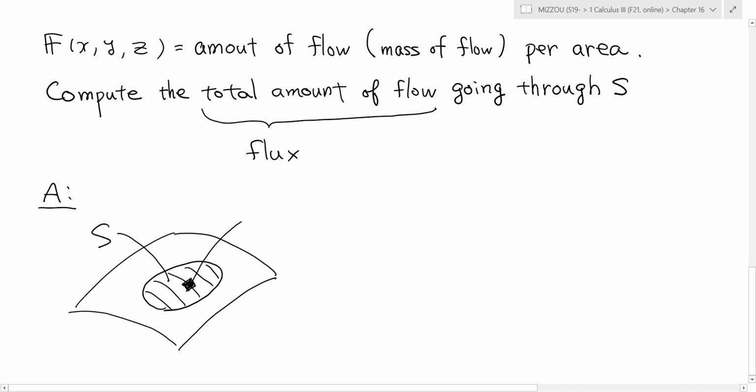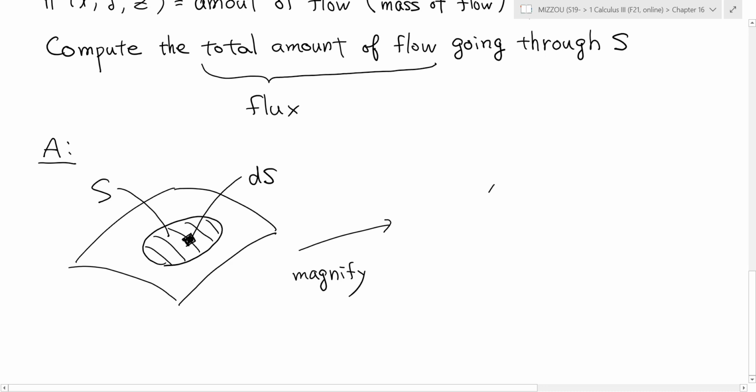So dS is the area of this small patch. First, let's compute the total amount of flow going through dS instead of the entire S. To see it, let's magnify this picture. And this patch is more or less approximated as a parallelogram like this.